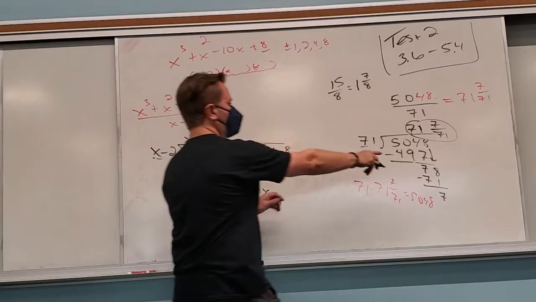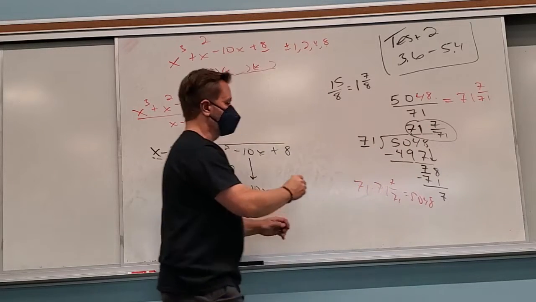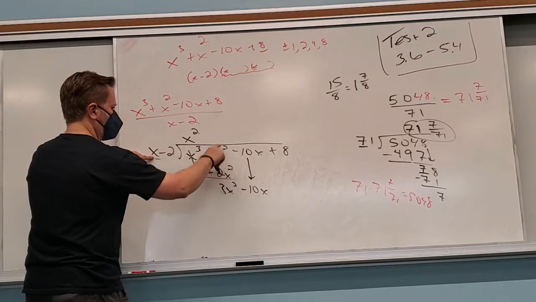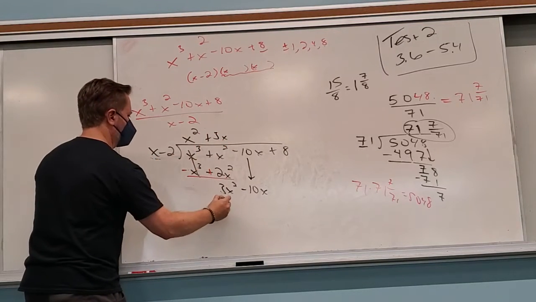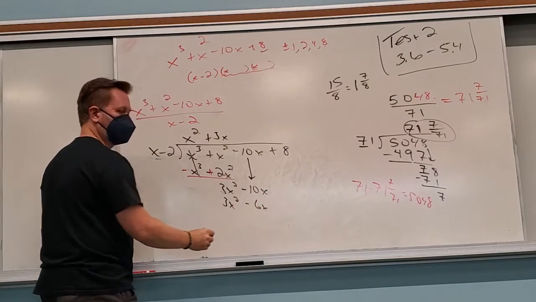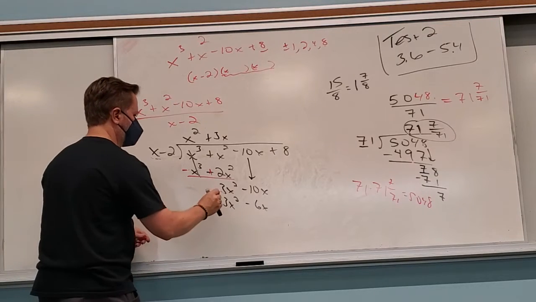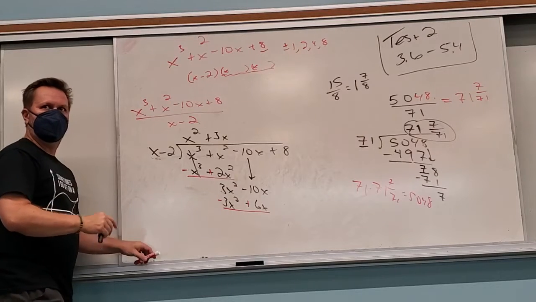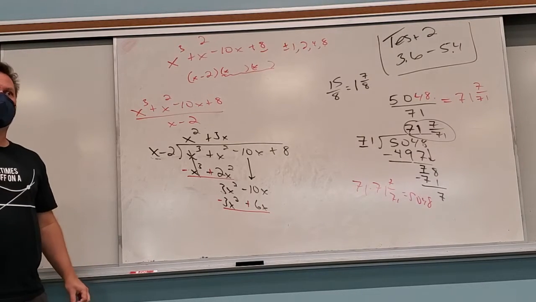And then what did we do here? Didn't we say 7 into 7 goes once? So what do we do here? X times what is 3x squared? 3x. 3x times x is 3x squared. 3x times negative 2 is negative 6x, right? And then I change the signs. Do you see how it's exactly the same thing we did with numbers?